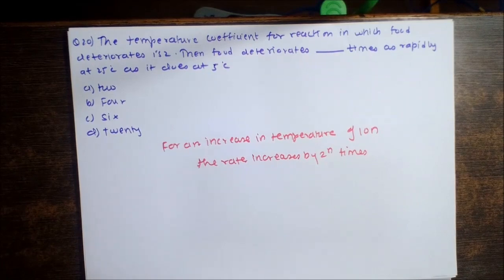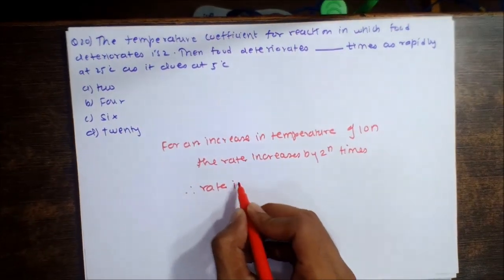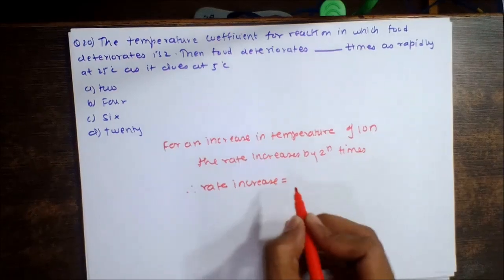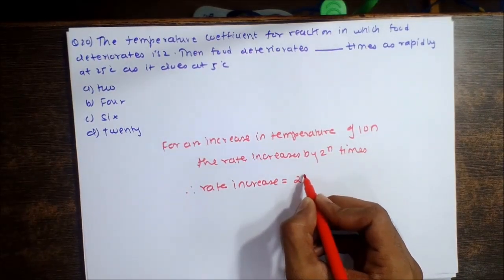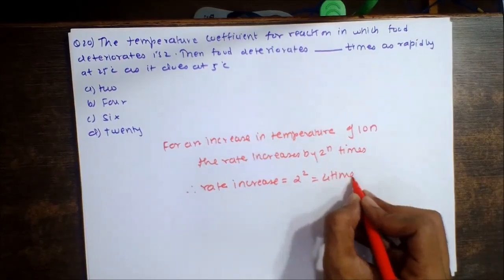Here, the increase in temperature is 20 degrees Celsius, that is 25 minus 5. Therefore, rate increase would be 2 raised to 2 times, which should be equal to 4 times.